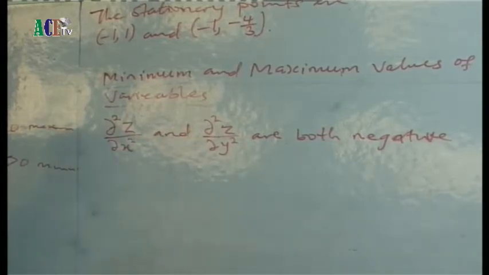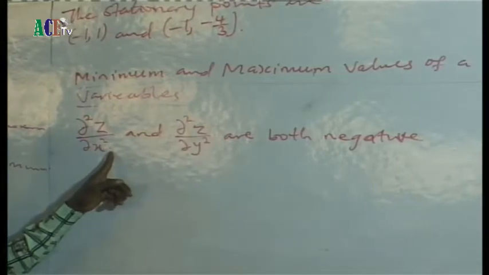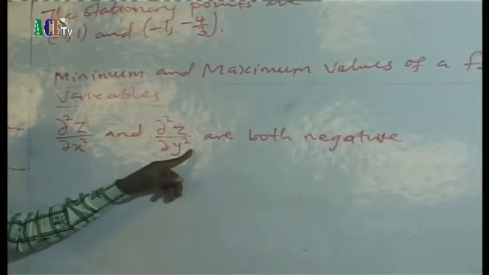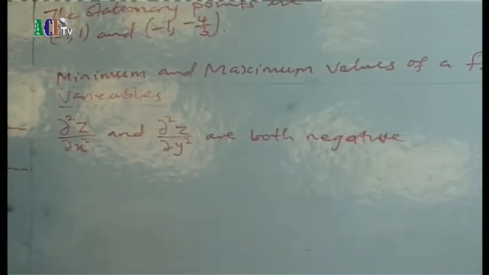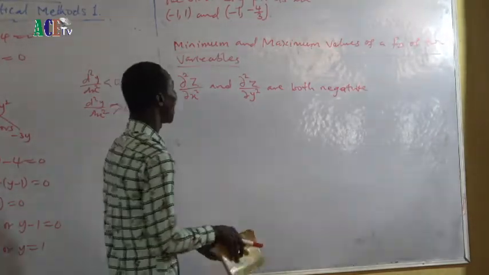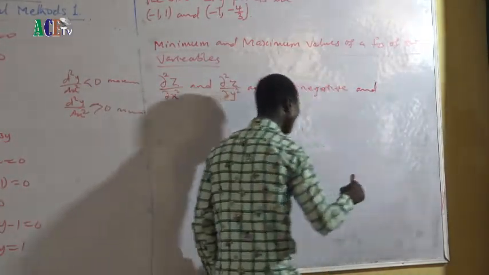If both of them are negative, what does that mean? This value is less than 0, this value is less than 0.